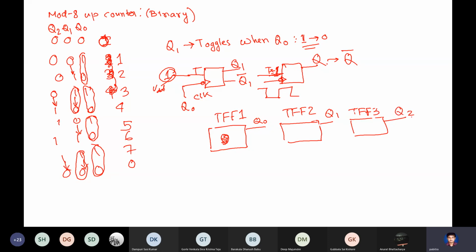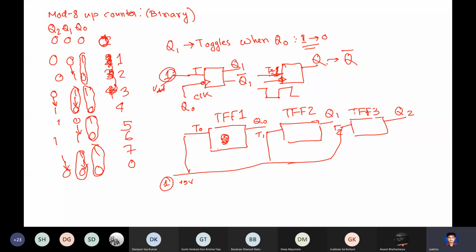Note that I am writing the LSB on the left. And what I do is that the toggle input of each of these, say T0, T1, T2, all of them I tie to logical 1, plus 5 volt or something.